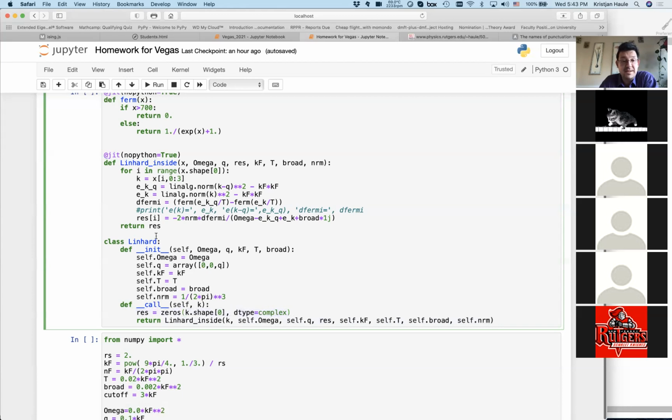Okay, so then Slingheart inside basically contains all the important algorithm. So we go over all random numbers.